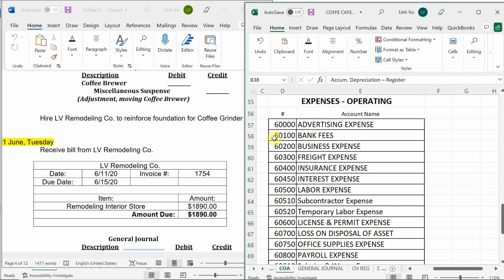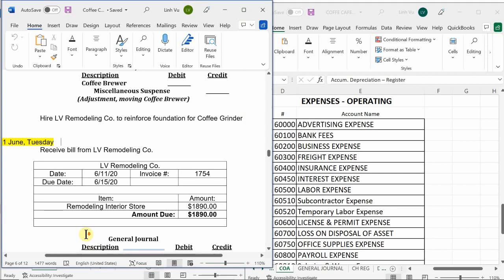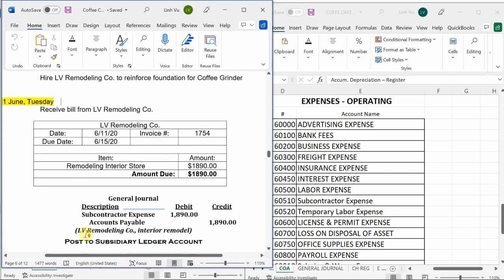Yes. In this case, yes. This would probably be more categorized, right? In this case, if we didn't have subcontractor expense, then a business expense would probably be number 2. But at this point, yes, we hired them to do a job for us. So this is a subcontractor expense. Okay, subcontractor expense.